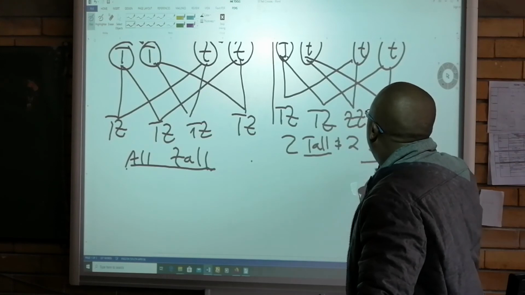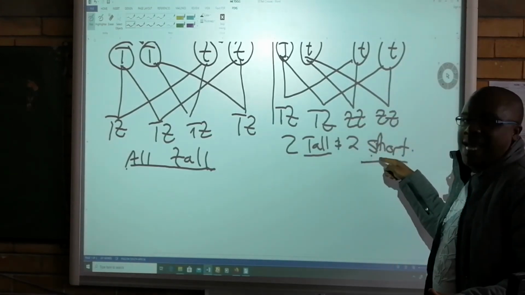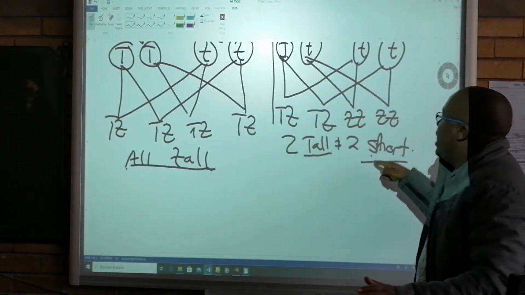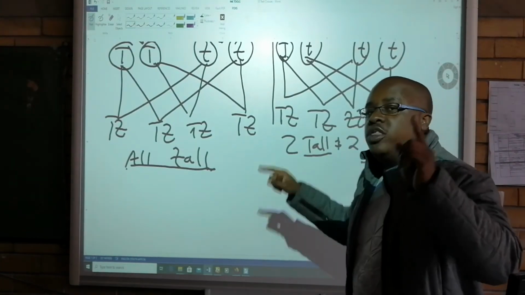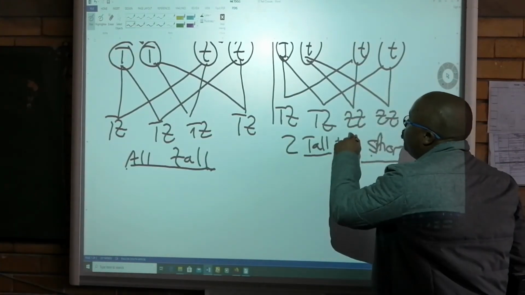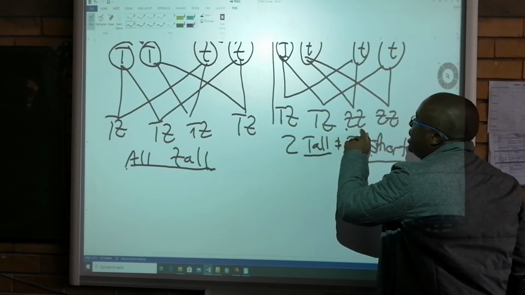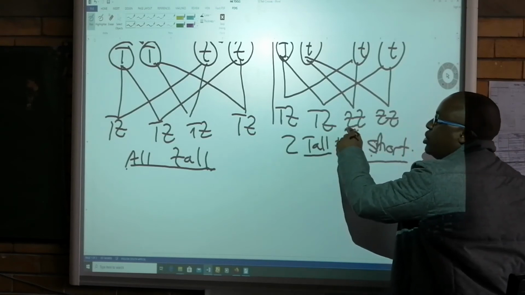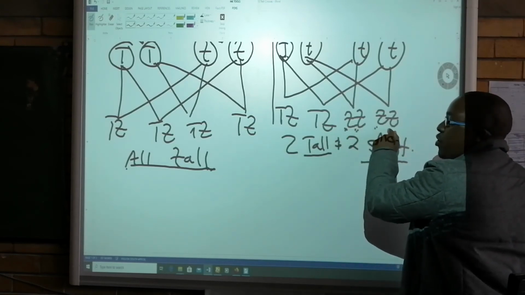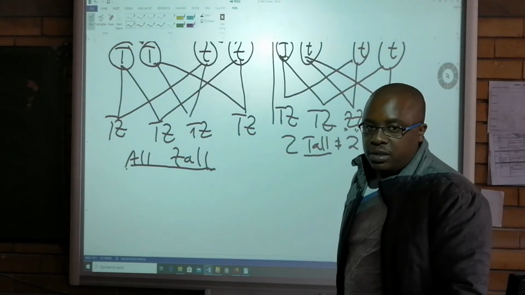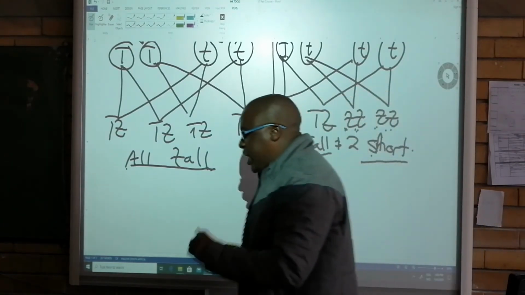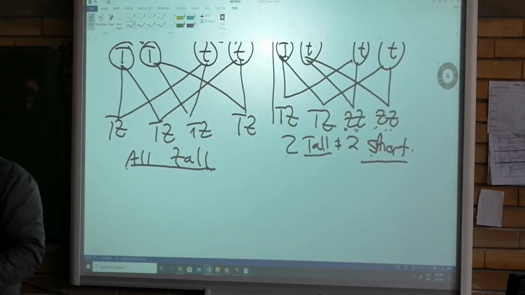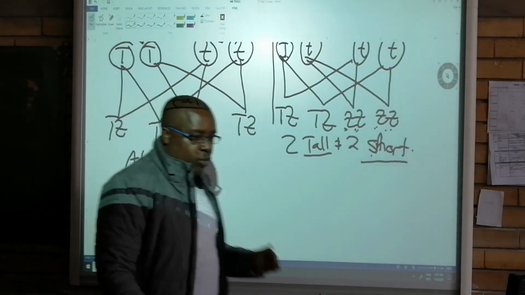Why? Because for you to produce short pea plants, both parents must have contributed a recessive allele to the genotype of the offspring. I hope you get what I mean. I hope you understand where I'm going with this.